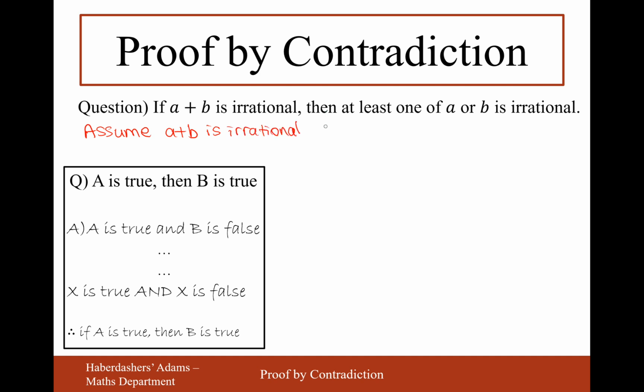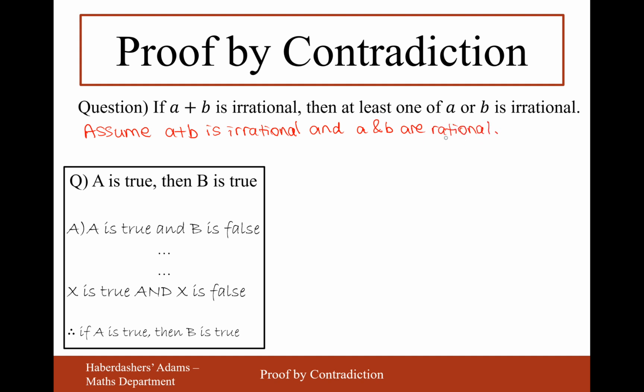And then we get to the word then, and then we have to negate everything on the other side of that then. So at least one of A or B is irrational, so that means that either A is irrational, B is irrational, or both of them are irrational. So the only thing that's opposite to that is that A and B are both rational.